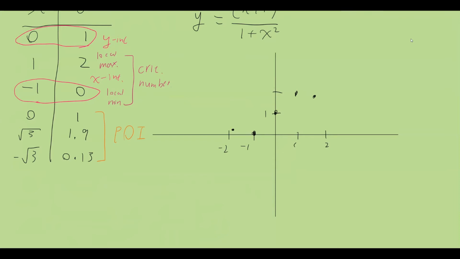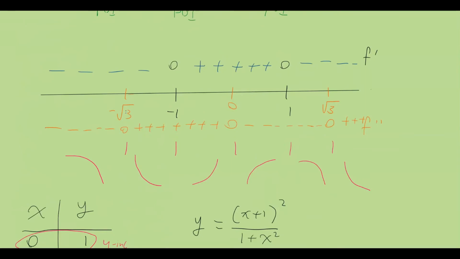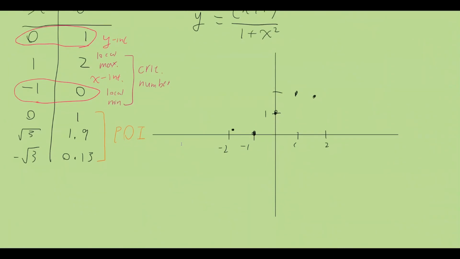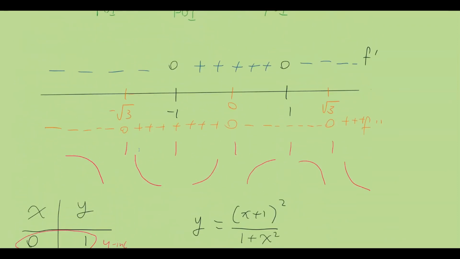Okay. All right. So let's try to connect these 5 points together using the information above right here. Okay, so to the left of negative radical 3, we get something like that, right? It's concave down and decreasing. Okay, and then between negative radical 3 and negative 1, it's going to be decreasing and concave up.